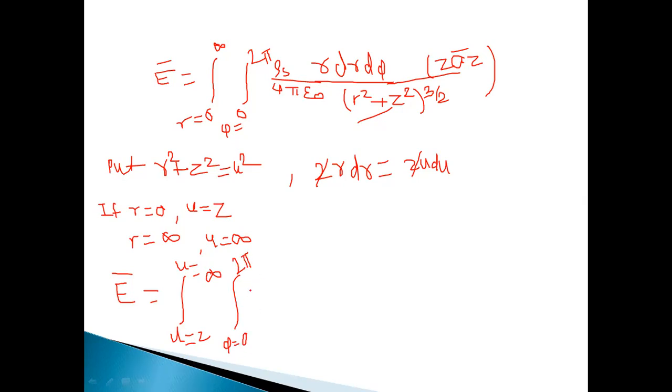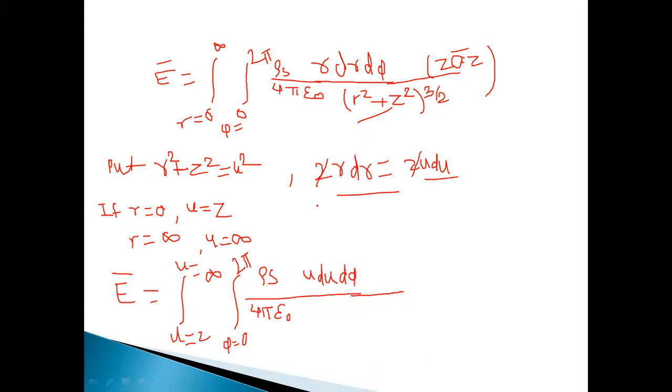Into rho s divided by 4 pi epsilon 0. Then here r dr: after changing limits, r dr is equal to u du, into d phi, divided by r square plus z square raised to 3 by 2.